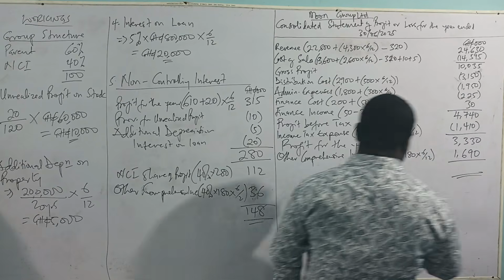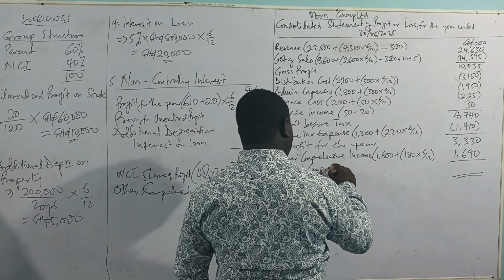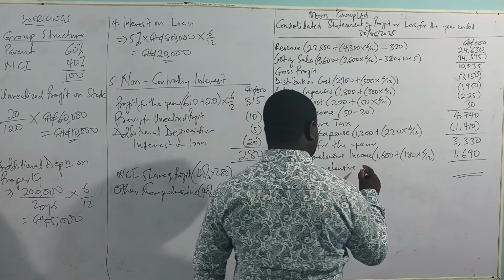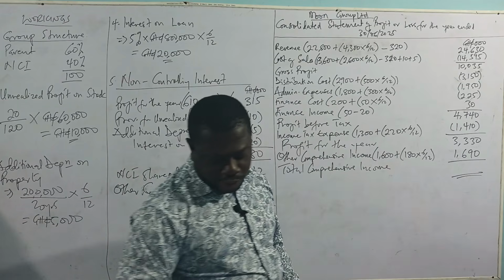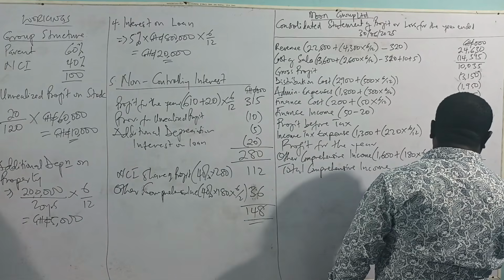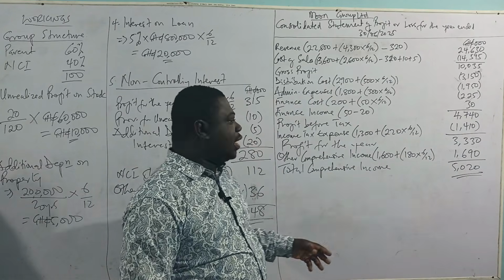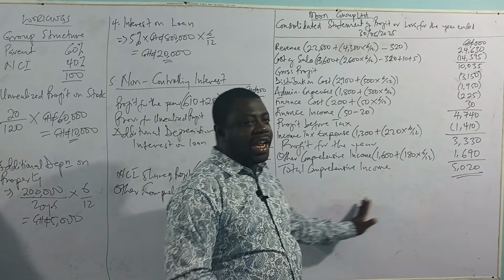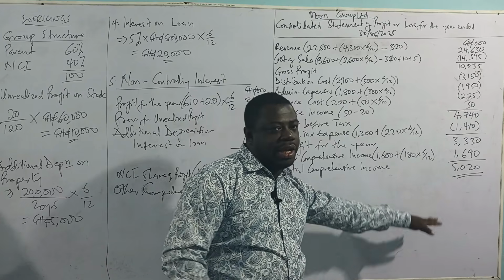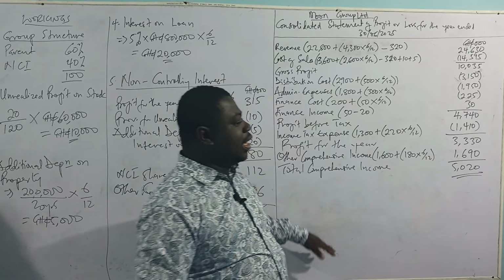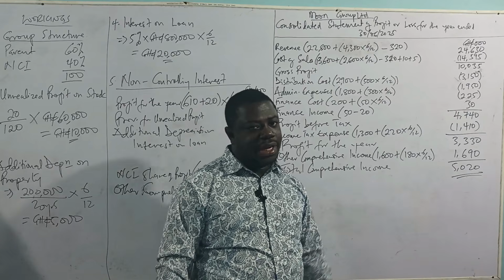So we have a total comprehensive income of 5,020. So now that we have gotten this, the next thing is to look at the attribution. We look at the net profit attributable to the NCI and the parent, and the comprehensive income attributable to both. And then we are done.